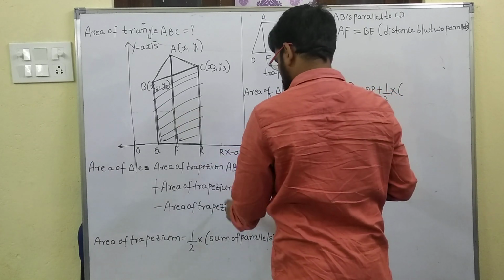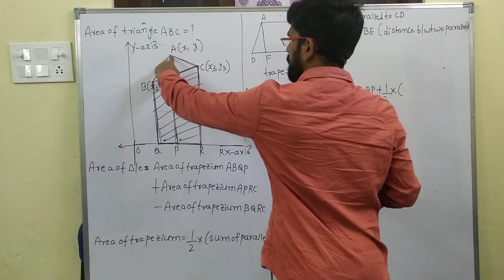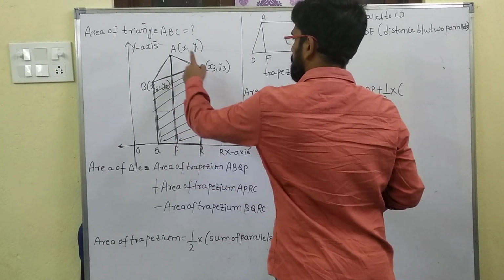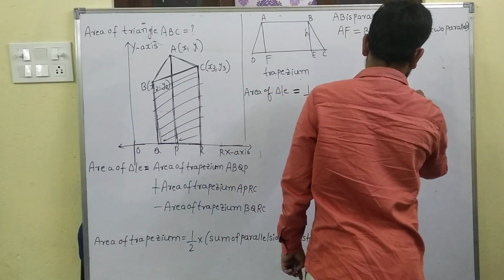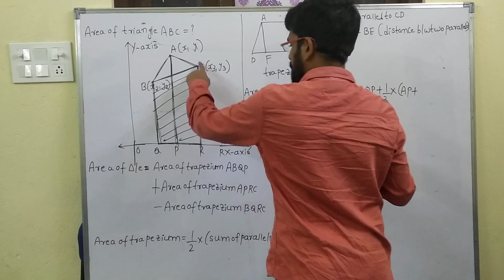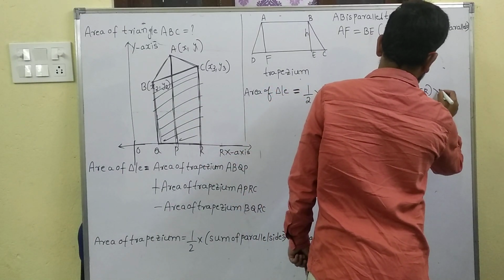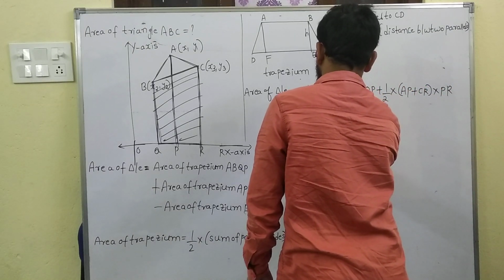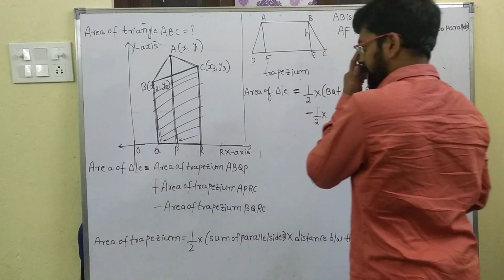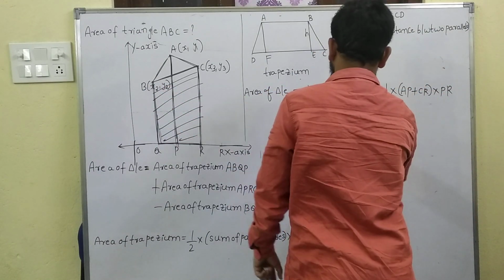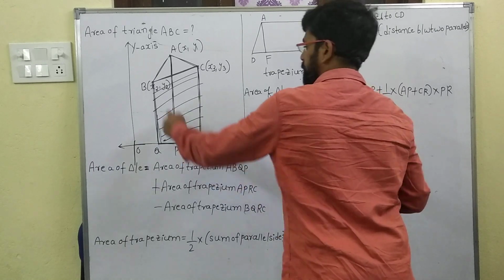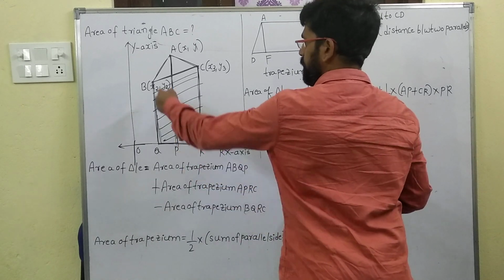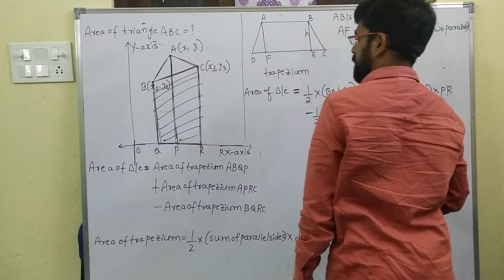half into, for the trapezium APRC, what are the parallel lines? AP and QR are parallel lines, and the distance between them is PR, minus half into trapezium BQRC.